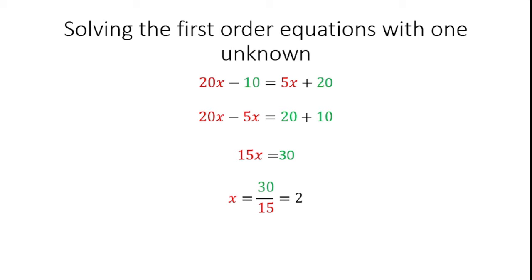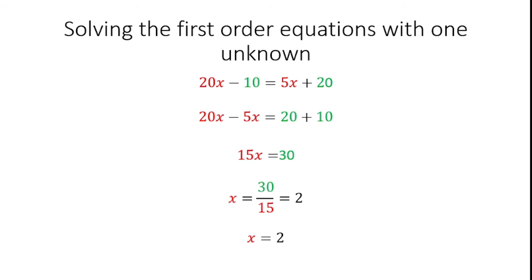Yes, x is equal to 30 by 15, and from this we easily get 2. So the x variable value is 2. From this step we can identify the unknown variable x from single or first order equations. And then how can we solve the second order equation? Let's see.